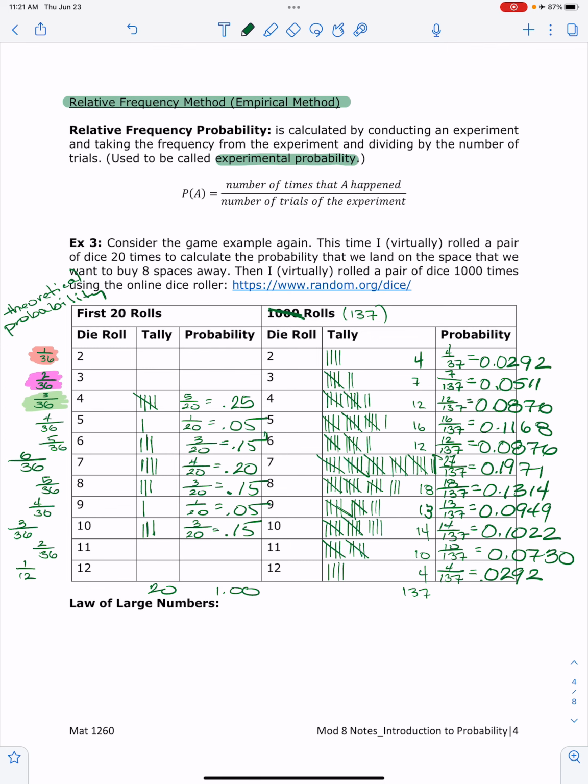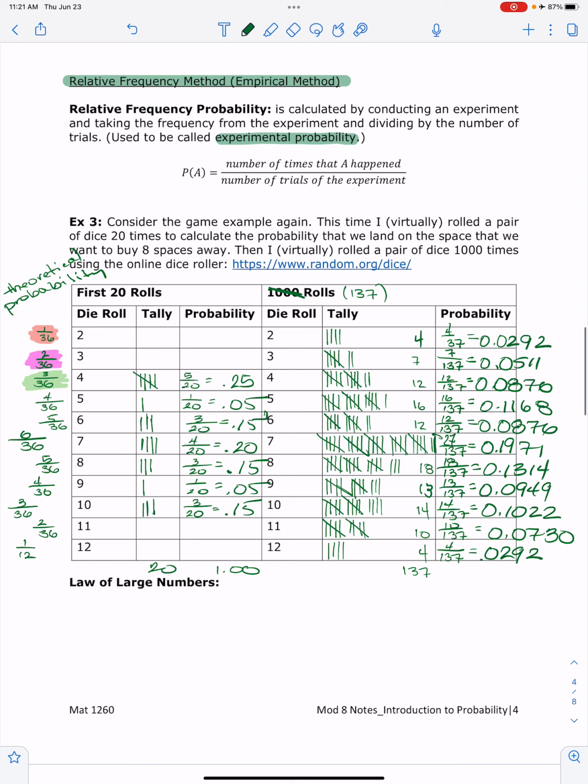Okay. So this takes us to what is called the law of large numbers. And this is important to remember.